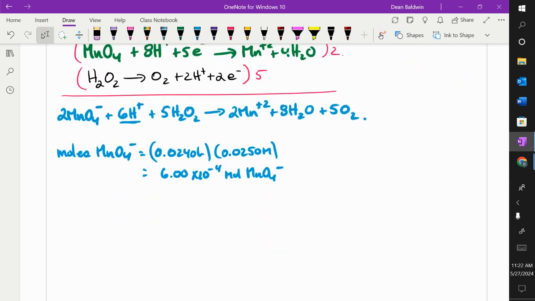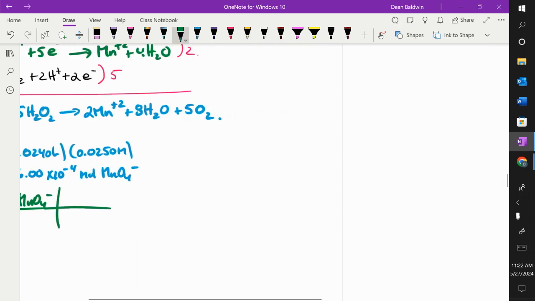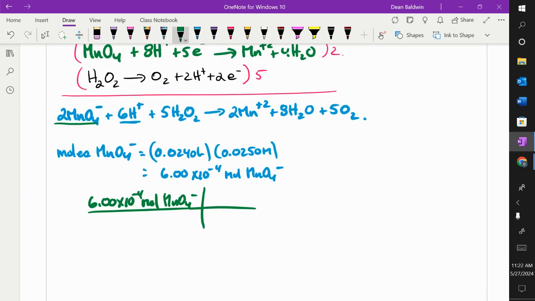Then we use the mole bridge, which was the whole reason for doing the equation. And we go, okay, 6.00 times 10 to the minus 4 moles of MnO4-. 2 moles of MnO4- is 5 moles of peroxide. So 5 moles of H2O2 is 2 moles of MnO4-. So moles of those cancel.